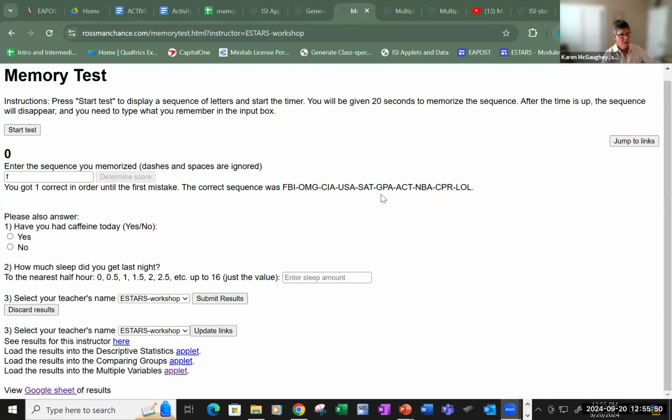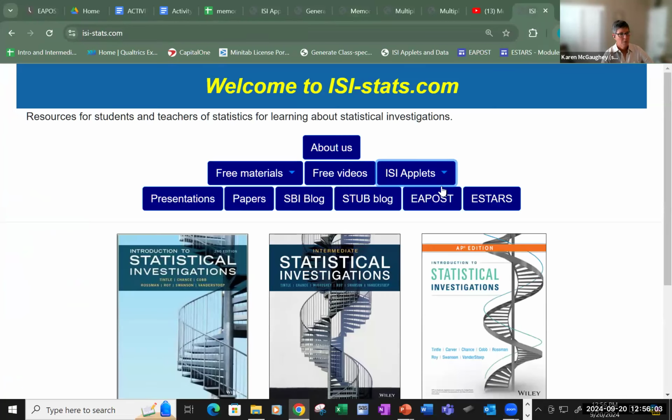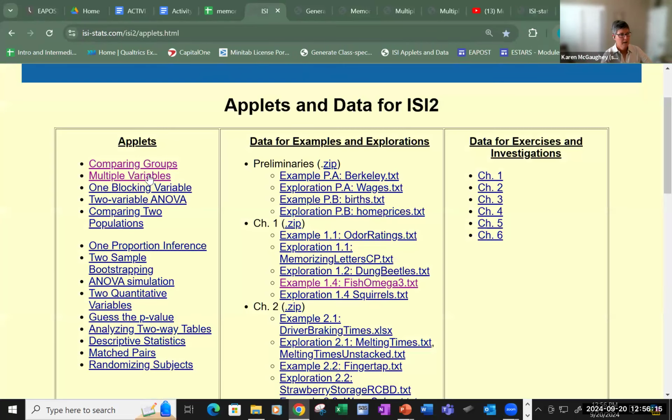So from the memory test page, which you may have already played with, you can load the data into the descriptive statistics, comparing groups, or multiple variables applets. The landing page for the ISI site brings you here, and then there are applets for the intro course and the intermediate course. The intermediate applets include the multiple variables applet.